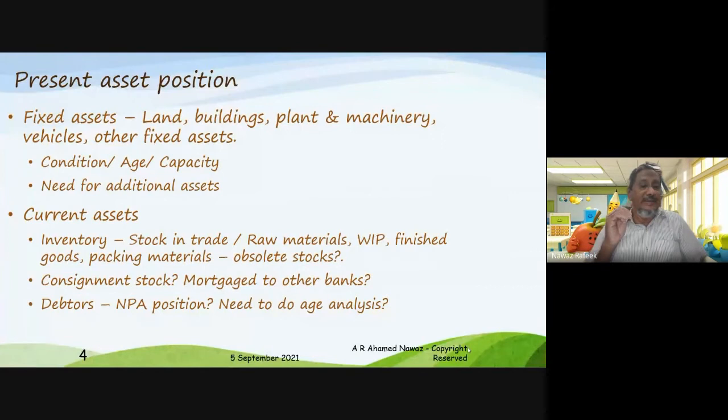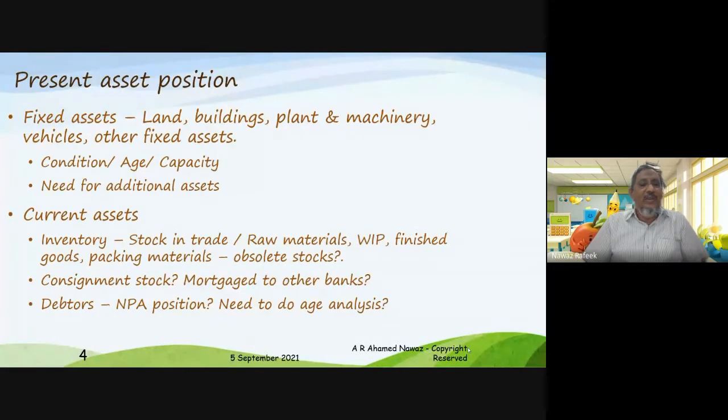In the current assets, the most important part is this: inventory. Check the inventory: stock in trade, raw material, work in progress, finished goods, packing materials.